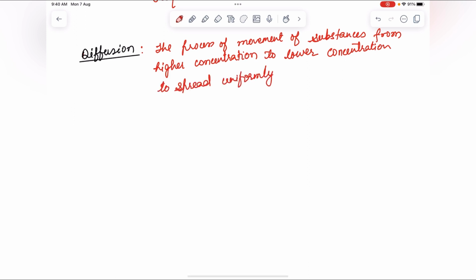What does uniformly in the given space mean? In diffusion, the molecules may be solid, liquid or gases, and the movement will be from the region of higher concentration to lower concentration.